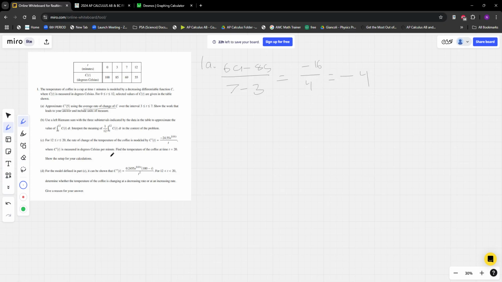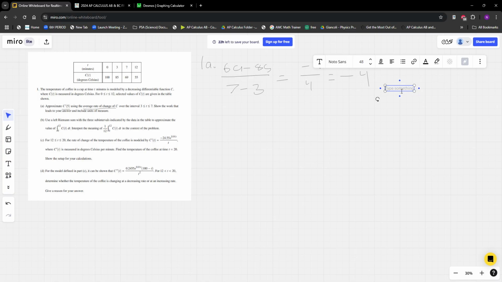And now it's asking us, what are the units of measure for this answer? So the original function C, for the input t, outputs the temperature in degrees Celsius of the coffee cup, right? And for input t, C prime of t would output the rate of change of temperature of the coffee.